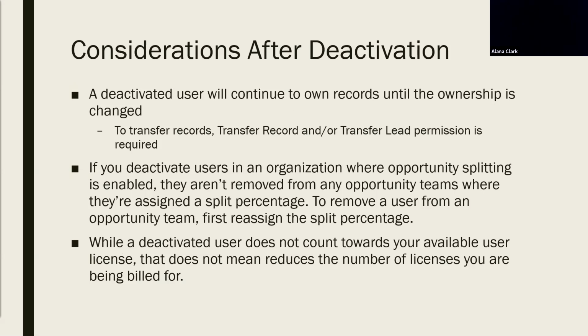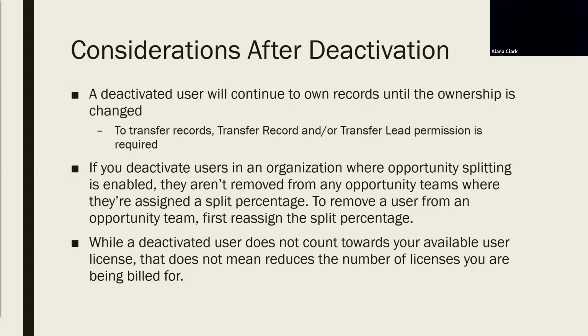Some considerations after you have deactivated them. So the user will continue to own records until you've changed the ownership of those records. So you should consider transferring them to a new owner. If you do, you will need the transfer record and/or transfer lead permissions to transfer those records.